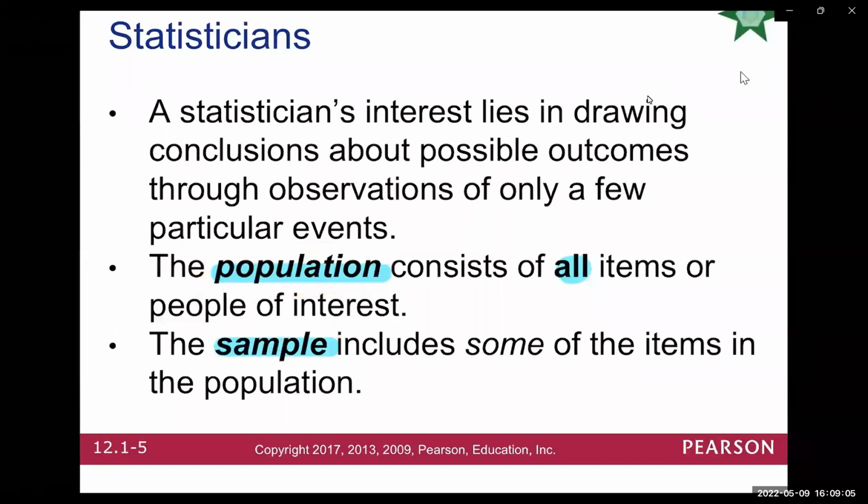Maybe you sampled 100 people, but the United States has millions of teenagers. A sample is just a small collection from the population. So that's an example of the difference between population versus sample. Some versus all.